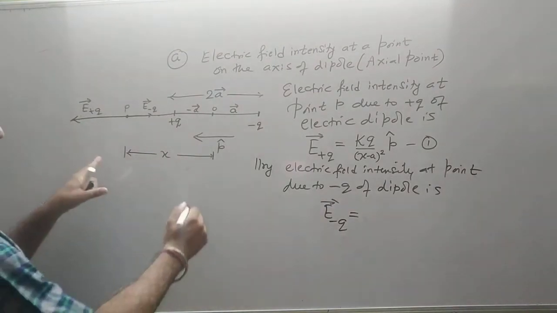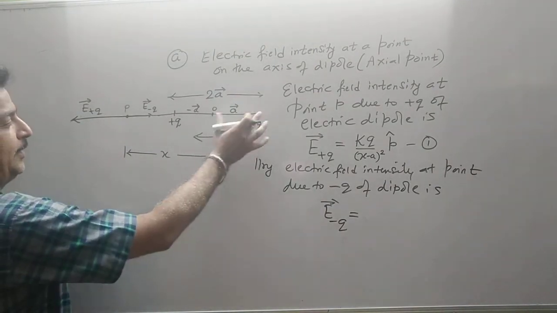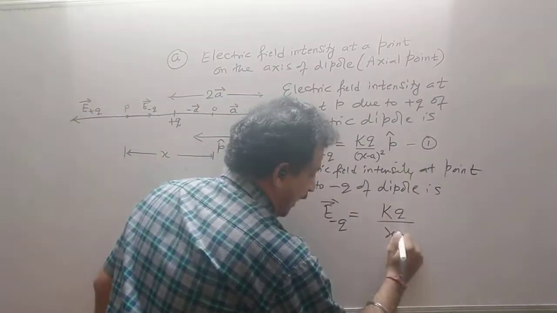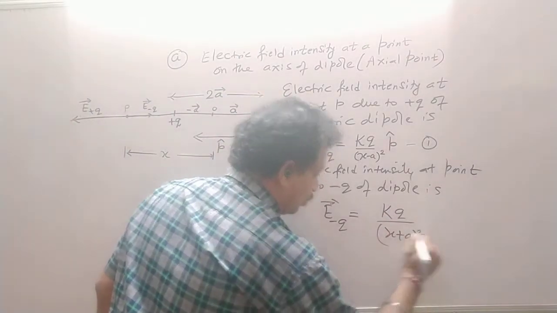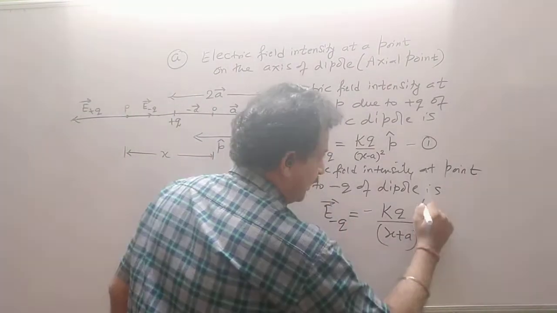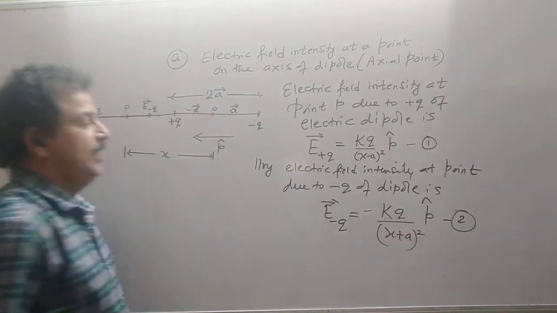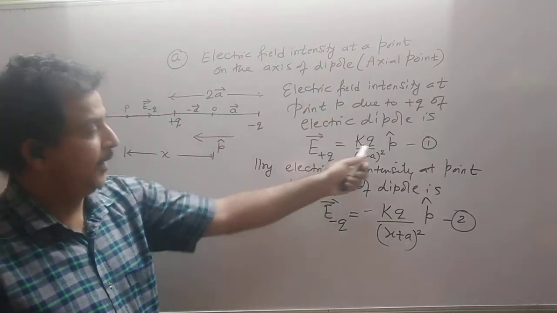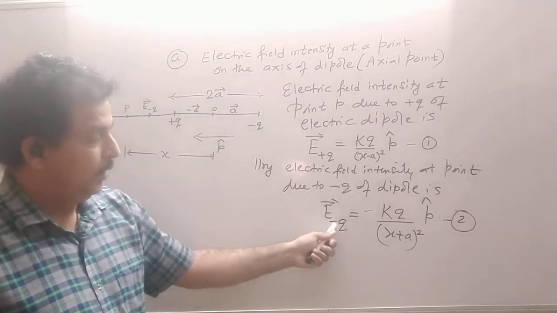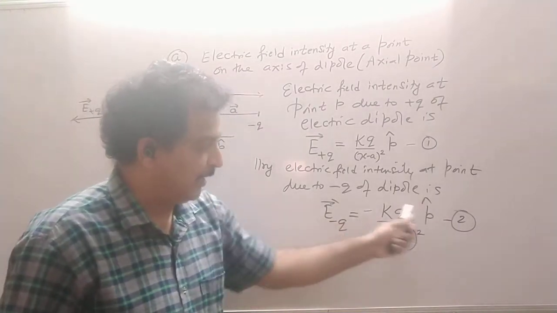First we see the distance. This is x and this is A. So the distance is K source over x plus A whole square, and the direction is opposite, so minus P cap. So E plus Q is in the direction of a dipole moment. E minus Q is opposite to the direction of a dipole moment.